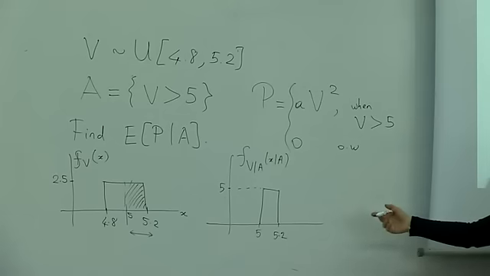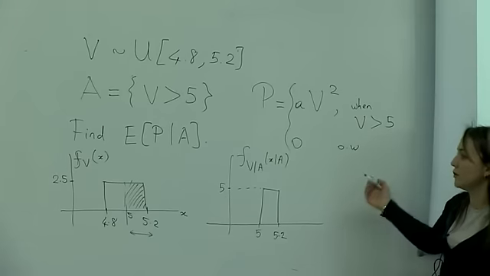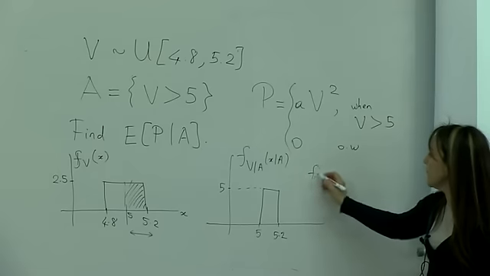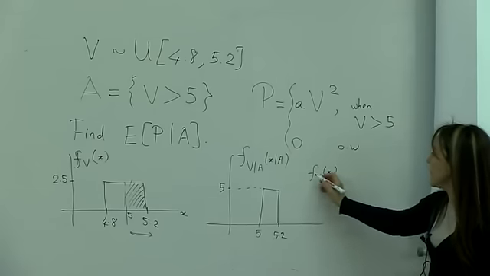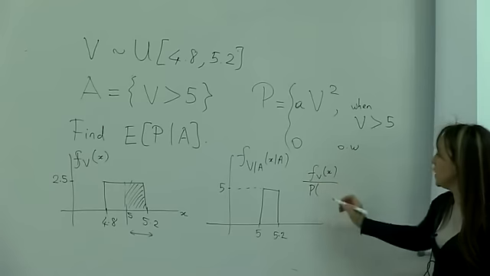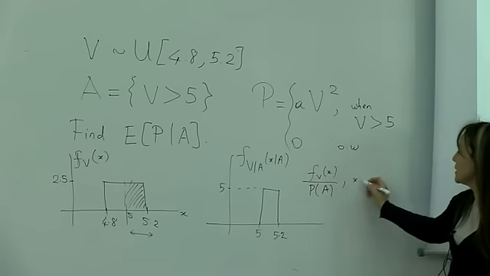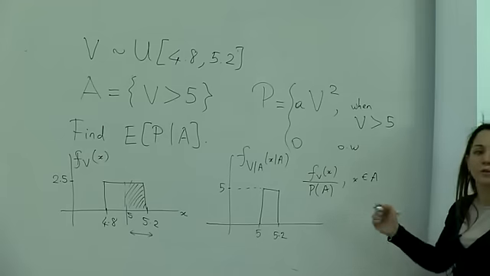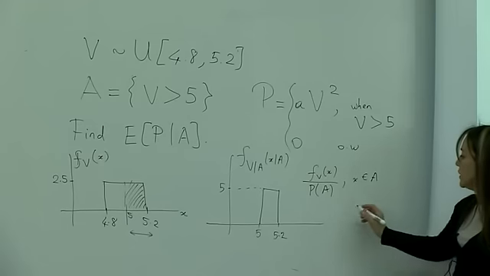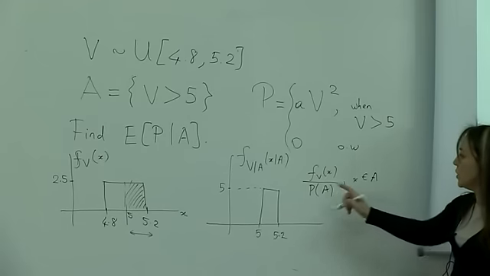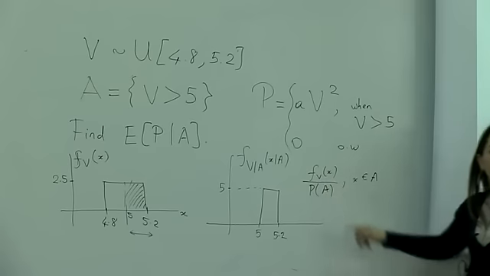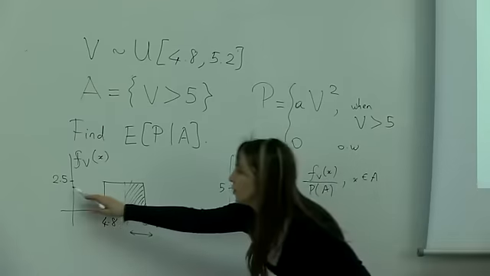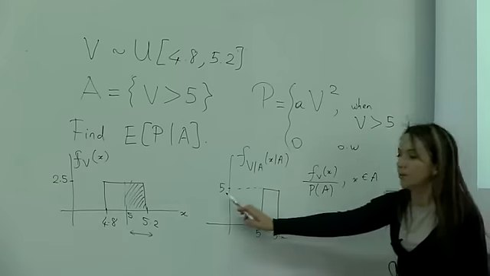It's quite intuitive, but let's write it for the sake of completeness. f_{V|A} is equal to f_V(x) divided by the probability of A whenever x is in A. But the probability of A is 1/2. So this is equal to f_V divided by 1/2, which is 2 times f_V. f_V is 2.5. So we have 5 here.